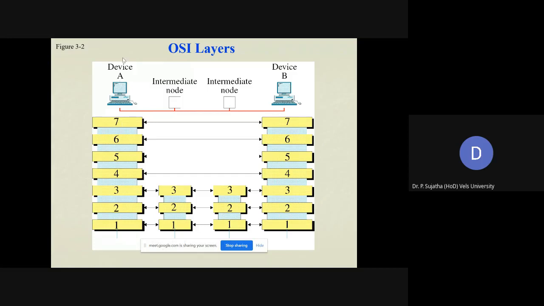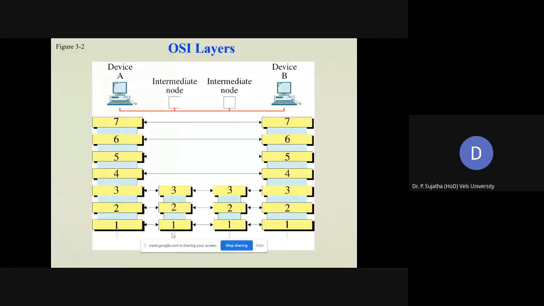From device A, from the topmost layer, the seventh layer, the information will be transmitted to the lower layers. Now the information is available with the physical layer of the sender. Am I right? Okay, ma'am. Now from the physical layer of device A, the message good morning will be transmitted to the physical layer of the intermediate node.